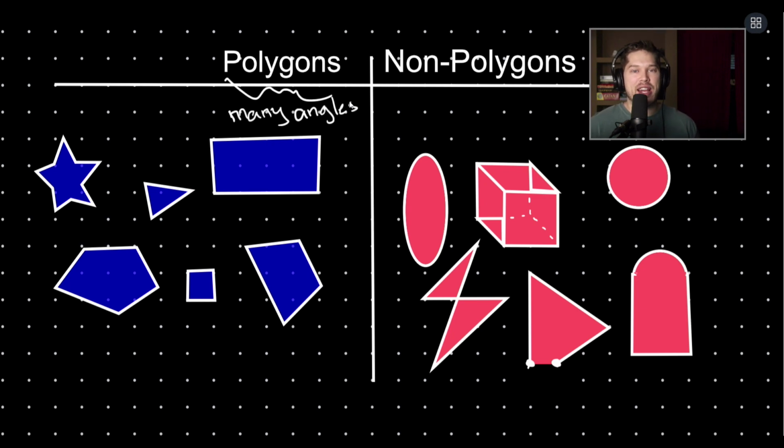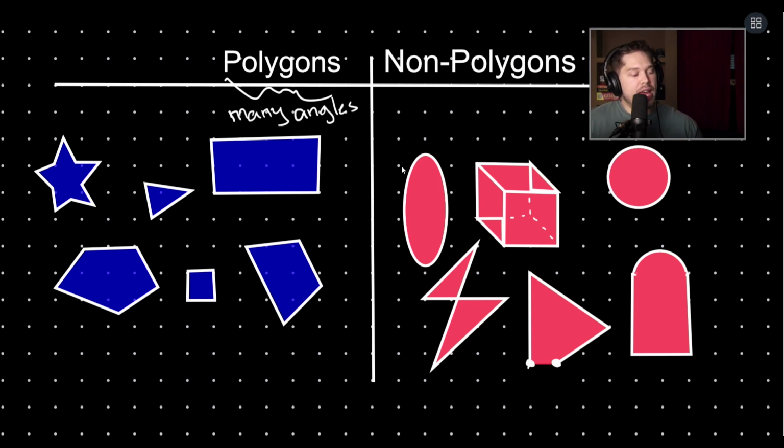Okay, now let's take a look at our polygon column of shapes and our non-polygon column of shapes, and let's see if we can hone in on the attributes that polygons have. Again, polygon comes from two words that mean many angles. If I'm looking at my polygon section, I see that they all have straight lines and they all have multiple angles.